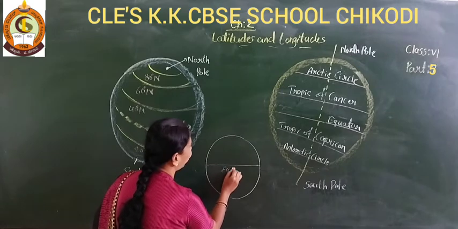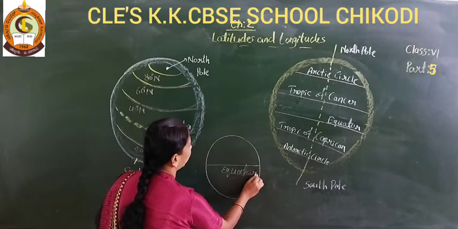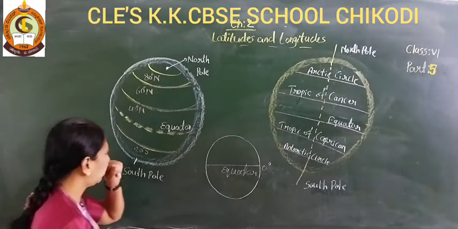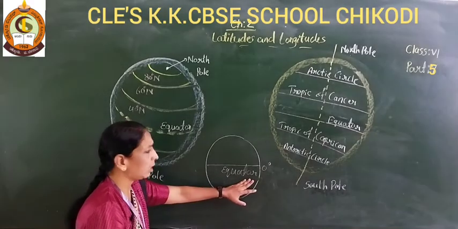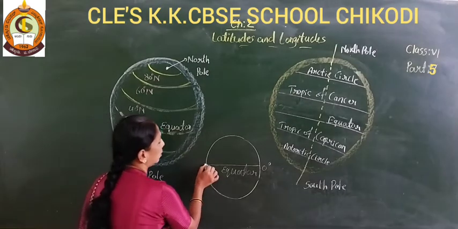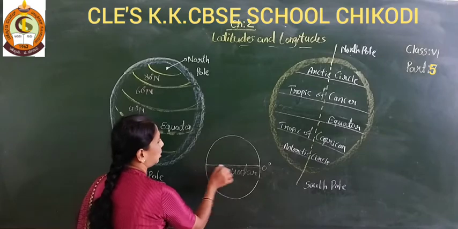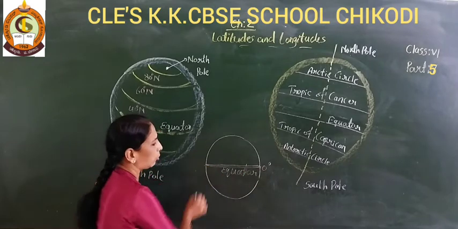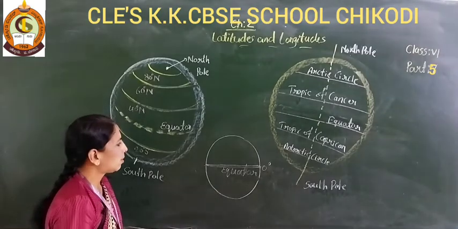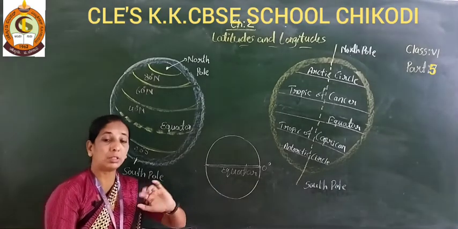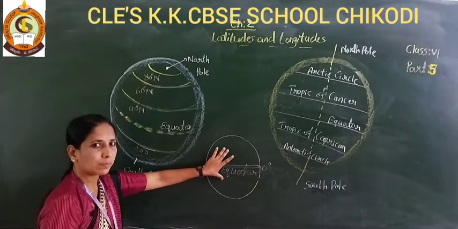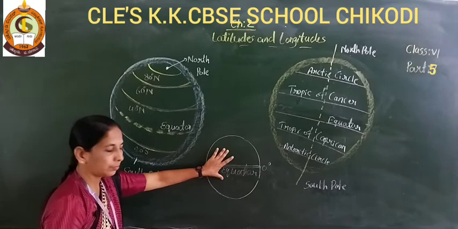So this is the equator, and the equator is at 0 degree. It is the 0 degree latitude. This equator divides the earth into two halves.